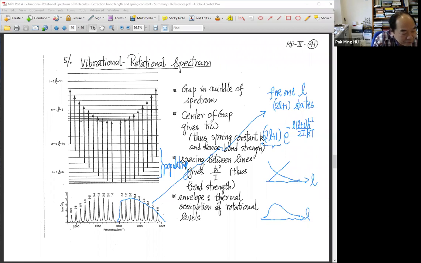Down there, the molecules populate in this way. When they absorb the photon and go up there, it reflects this shape. You follow the story? Okay, so I'm done.